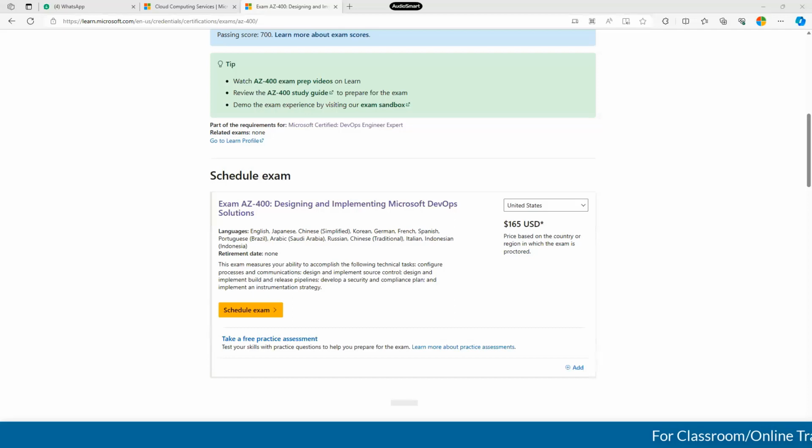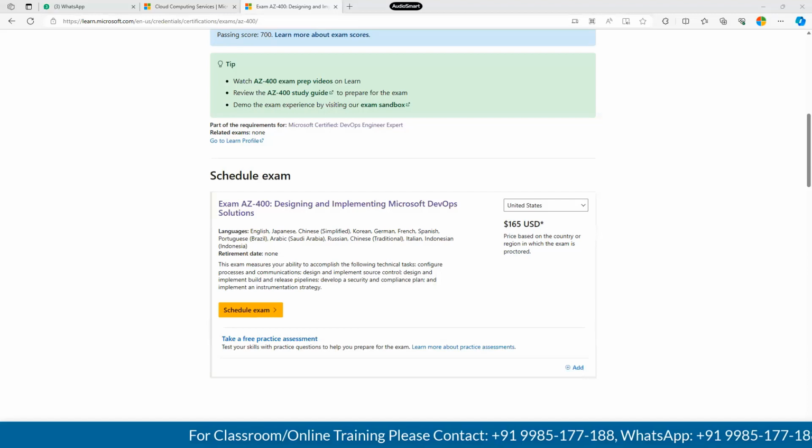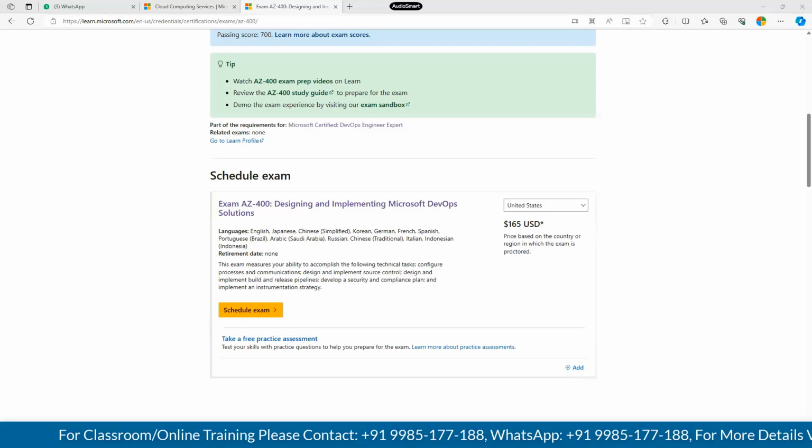I want to know the difference between AWS DevOps and Azure DevOps. If someone is applying for AWS DevOps, can they continue with Azure DevOps as well? This is for Azure administration and Azure DevOps, AZ-104 plus AZ-400.